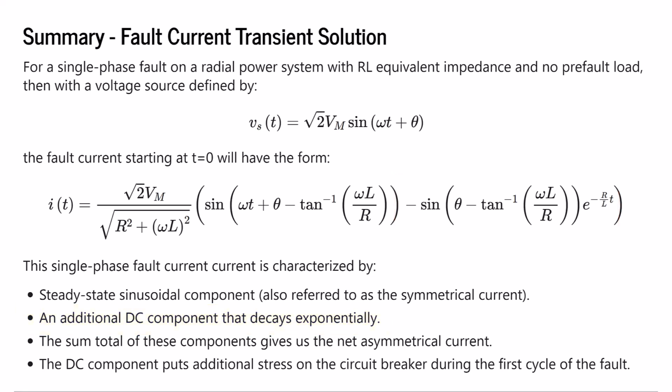Both terms put together give us the total asymmetrical current, which we can see satisfies a boundary condition of zero current at time equal to 0. The impact of this DC component is that it puts additional stress on the circuit breaker during the first cycle of the fault.